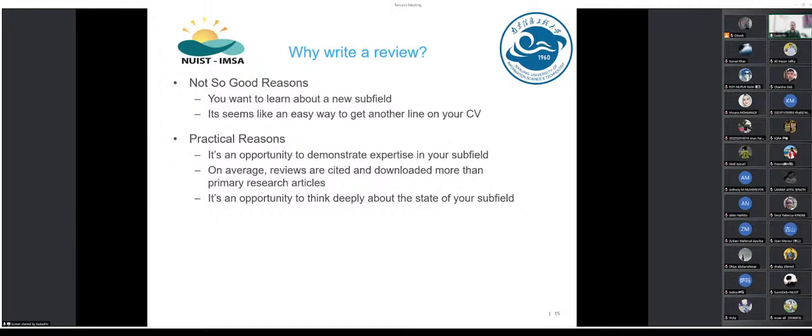And it's an opportunity to think deeply about the state. If you write a review paper, it's not only about results. You do not just write that in this particular review I read this was the result, and in this particular review this was the result.